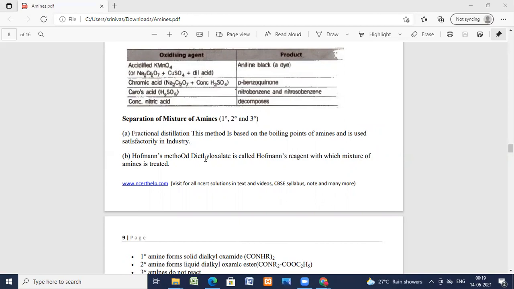Hoffman's method: diethyl oxalate is called Hoffman's reagent, with which the mixture of amines is treated.